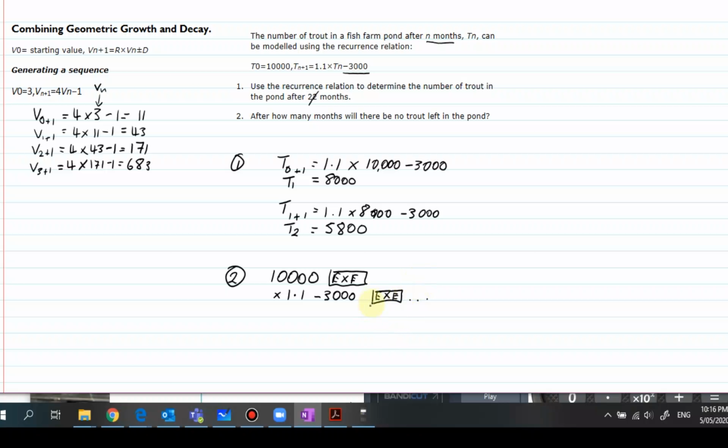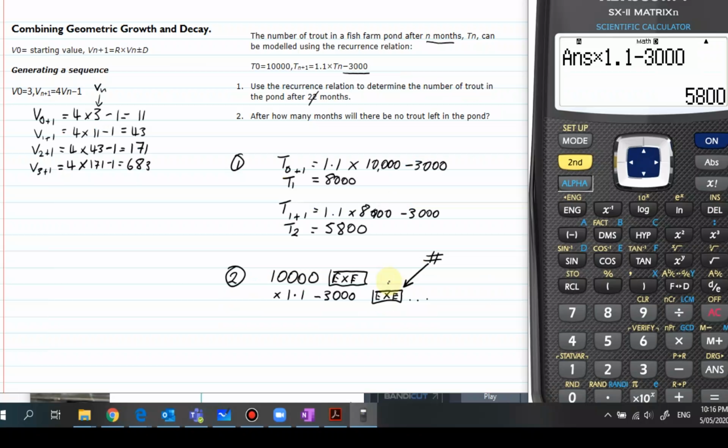You just have to make sure that you keep track of how many times you hit this execute button. So what number of times do we hit execute? We'll punch that into either a CAS or scientific calculator, they're all going to work the same. I know that we've done this once already, so I'll just demonstrate it for good housekeeping. 10,000 equals.